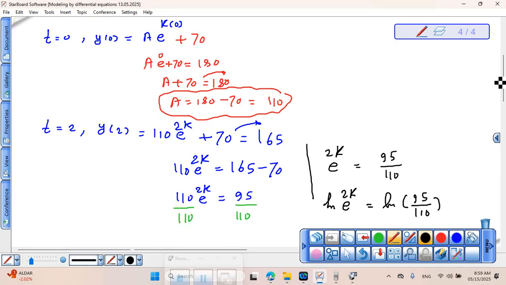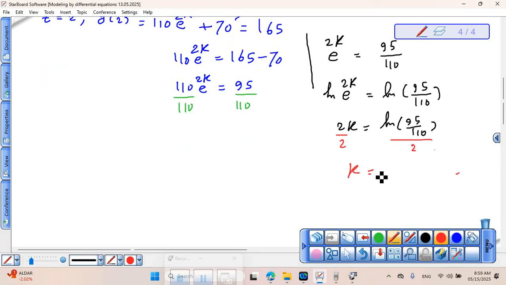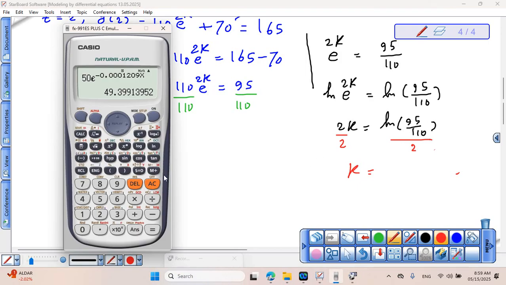Divide both sides by 2: k equals ln of 95 over 110, over 2.